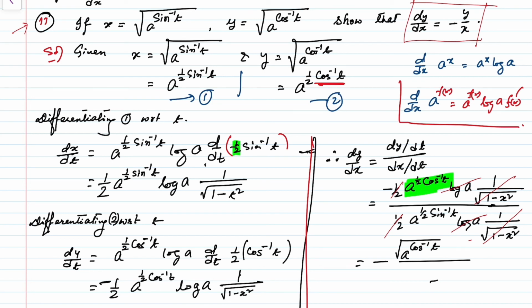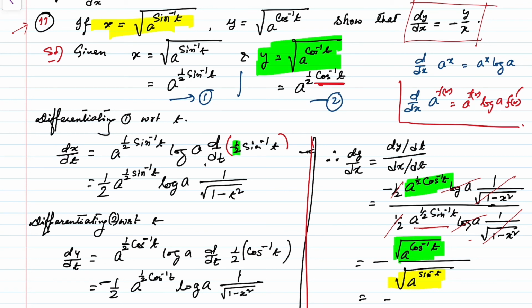And similarly we can write a to the power half sine inverse t as root over a to the power sine inverse t. So now as you can see, this is nothing but y, and this is nothing but x. Okay, so from 1 and 2 we will get minus y by x. This is dy by dx.